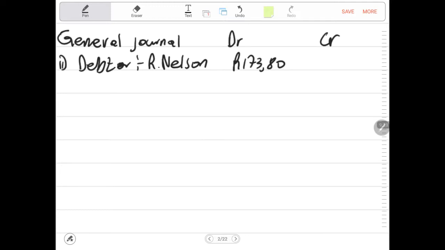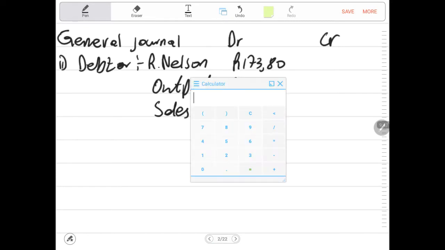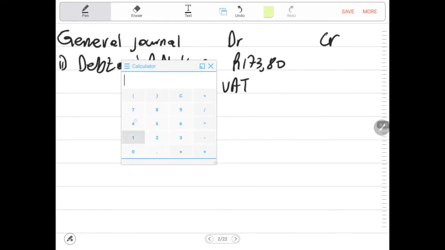Now, because we have VAT included, we need to make sure that we account for VAT, which we call output VAT. When inventory goes out, the VAT is output. So we have output VAT, which is VAT that we are collecting. Then after, we record our sales, meaning our income that we receive on the sale of this product. Then I will say 173.80.